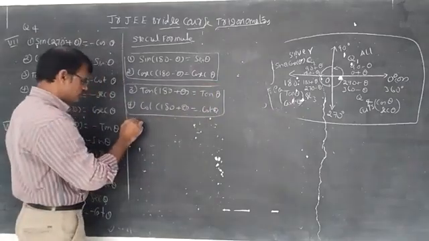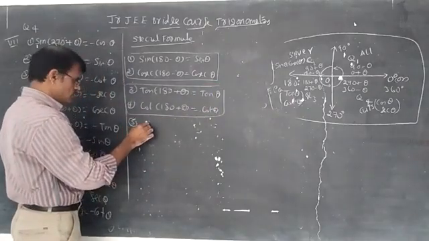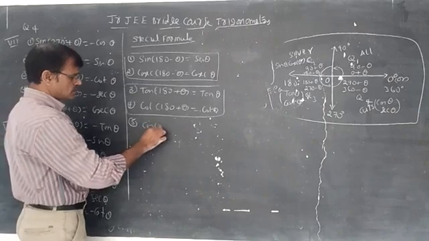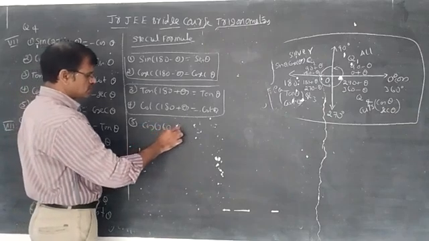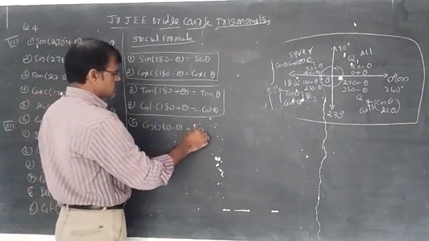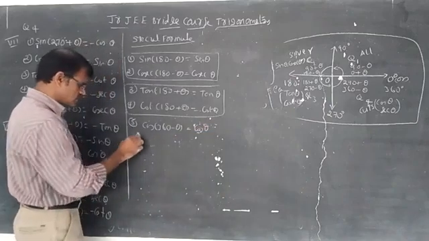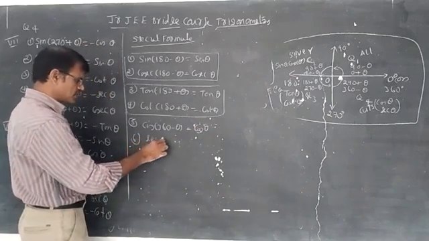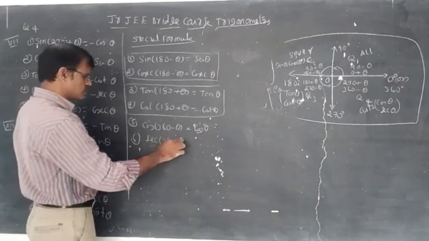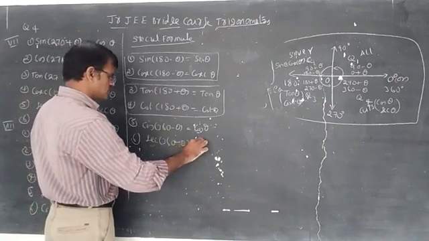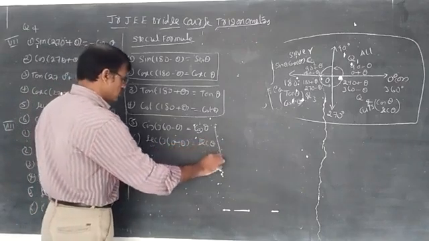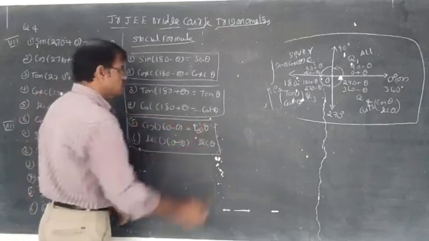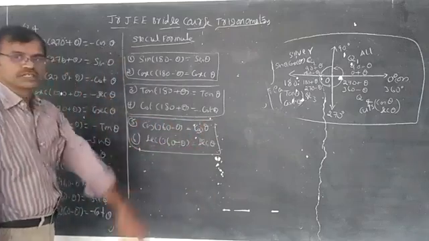Next one, cos of 360 minus theta is equal to cos theta, and secant of 360 minus theta is equal to secant theta. These are special formulae which will be useful for us while doing sums.